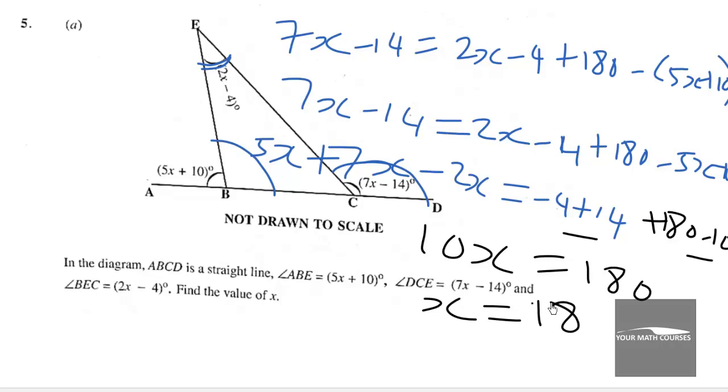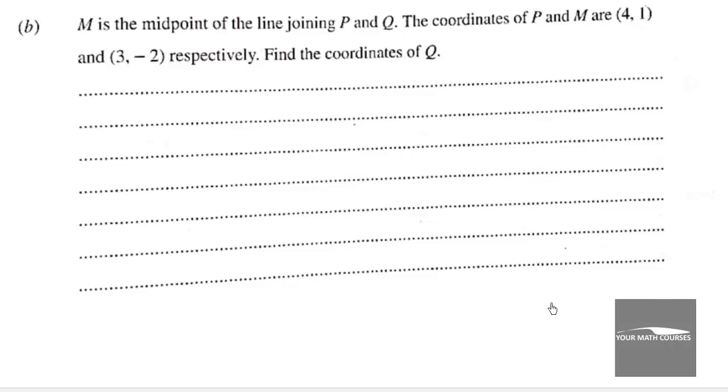Now we're given that M is the midpoint of the line joining P and Q, and the coordinates of P and M are 4, 1 and 3, negative 2 respectively. So we are to find the coordinates of Q. We don't know the coordinates of Q, so let the coordinates of Q be a, b.